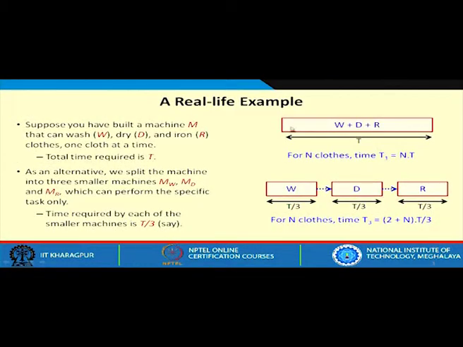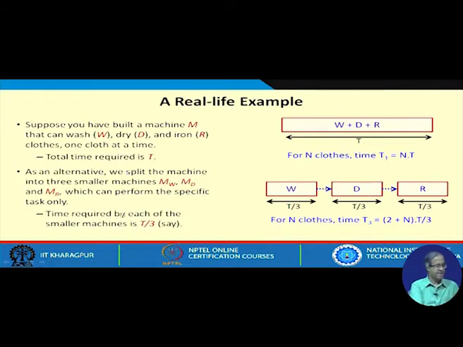I feed my clothes to the machine, the clothes move through the 3 stages, and then I can feed the next set of clothes. Let us assume that this whole thing takes a time T, assuming that I can feed one cloth at a time. So, if there are n clothes that I need to wash, dry and iron, the total time will be n multiplied by T.